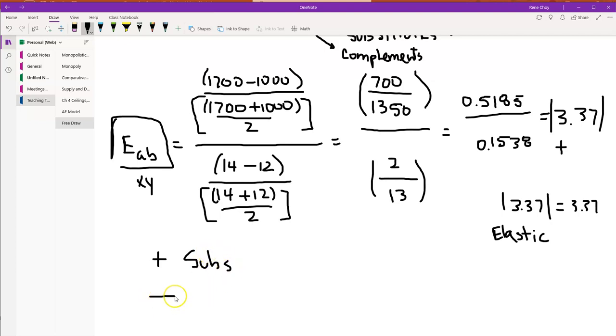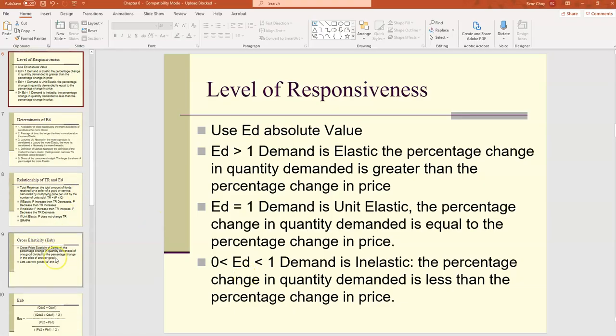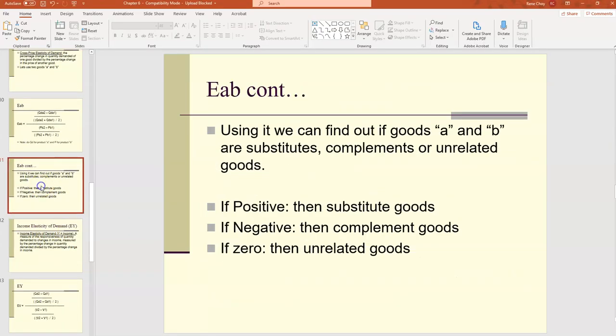If you end up with a negative number, then the two products are complements. And again, I left that here on my PowerPoint. So using cross price elasticity, you can figure out if two products are substitutes, complements, or not related.